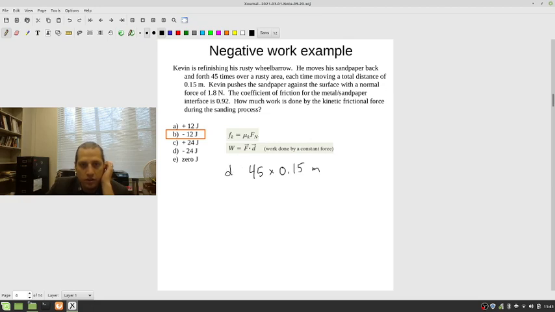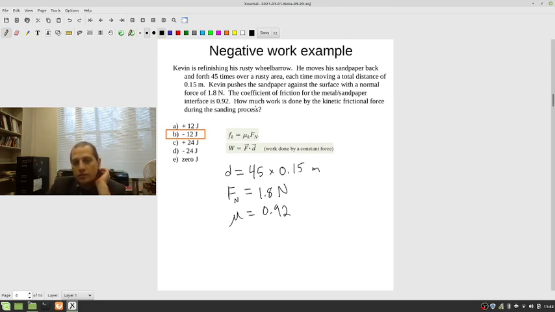That's the total displacement of that sandpaper. The coefficient of friction for the metal-sandpaper interface is, sorry, the normal force is 1.8 newtons, and the coefficient of friction is 0.92.